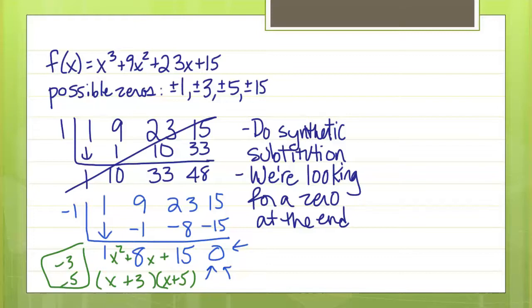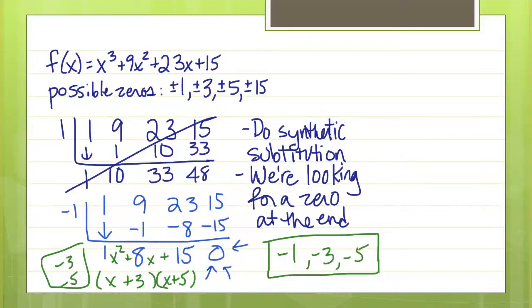If you factor it, you're done. So I know that all of my zeros, because it's x to the third, we expect up to 3 zeros. We know that -1 is one, we know that -3 is one, and we know that -5 is one. I could have kept doing synthetic substitution if I'm not great at factoring, sure, but you need to be able to factor it. When this coefficient here is 1, you need to be able to factor those that quickly.